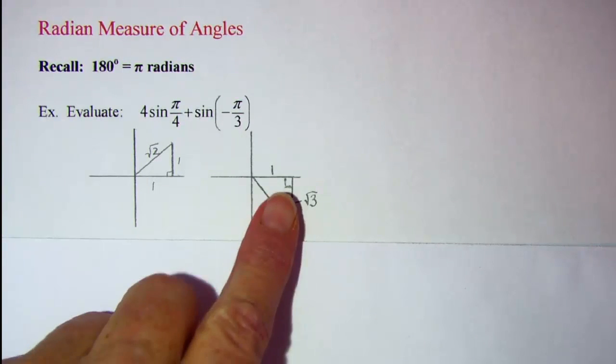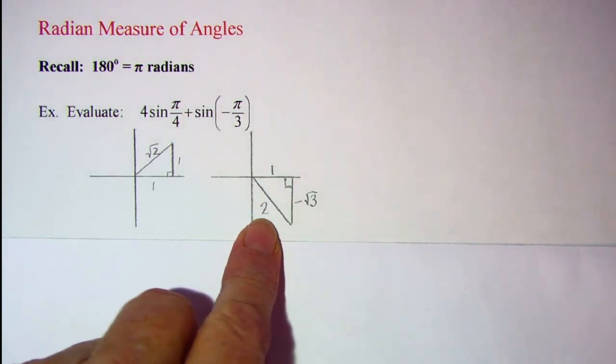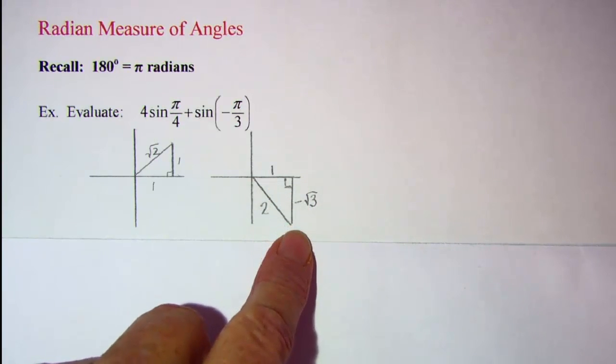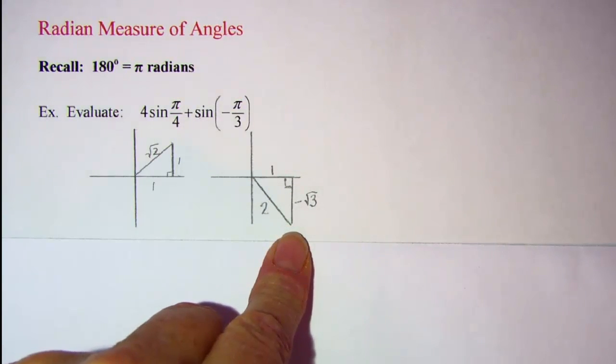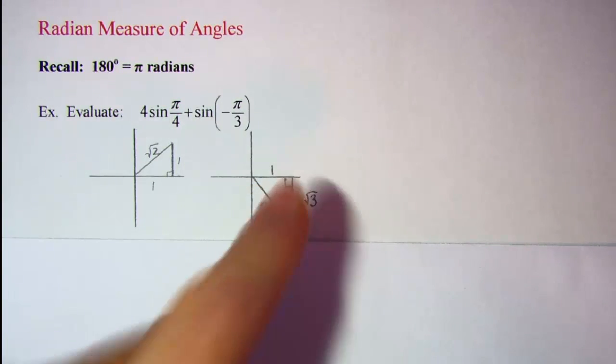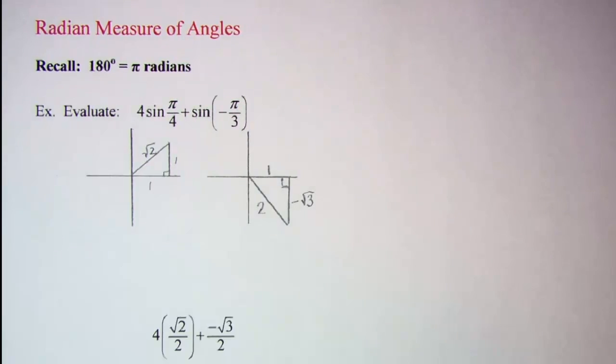The side adjacent is 1, and the hypotenuse is 2. We need the negative on this vertical side because it's below the x-axis. Our horizontal side, though, is a positive one because it's to the right of our y-axis. So those are the reference triangle sides that we'll be using.